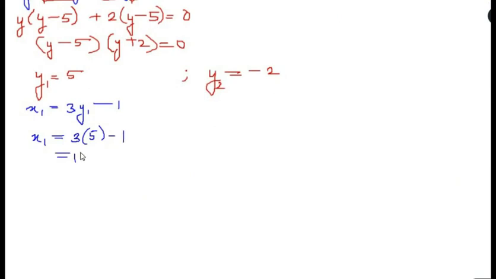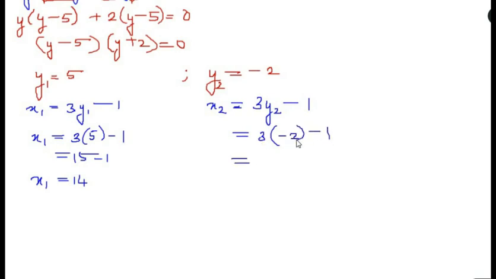So we have 15 minus 1, giving the first value of x as 14, and for the next one again x2 is equal to 3y2 minus 1. So substituting the value of y2 we get negative 2, negative 1. So here it is 3 times negative 2 is negative 6, negative 1. So the value of second x is negative 7.